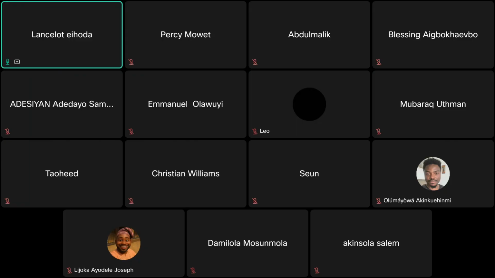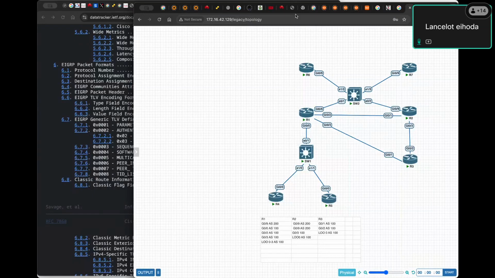Can I take a breather for a minute or so? Let's familiarize ourselves with the topology. I shouldn't pause sharing, should I?